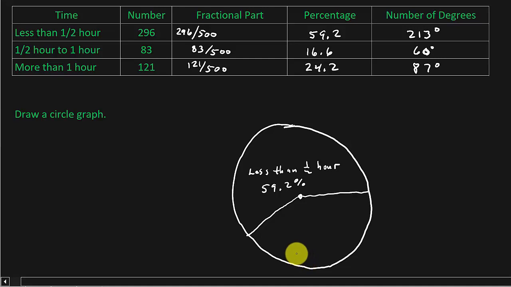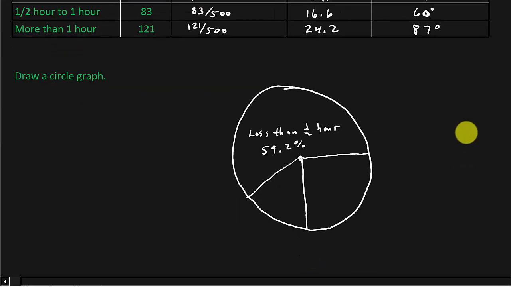But we need to go 273. So we're going to be about right in here. And so this would be your 60 degrees here. And this would be 1/2 hour to 1 hour. And that is 16.6%.